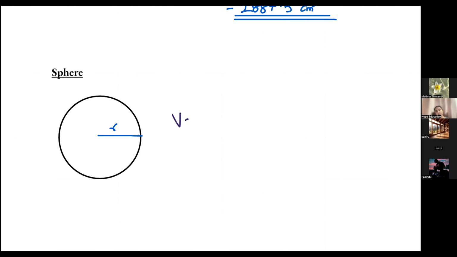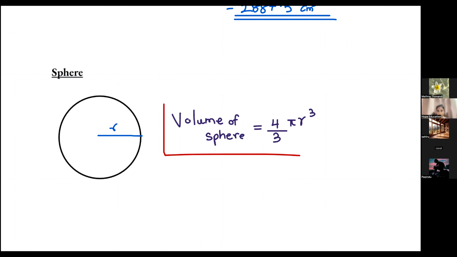Volume of a sphere equals 4/3 pi r cube. 4/3 pi r cube is the formula for finding the volume of a sphere. 4 divided by 3 multiplied by pi multiplied by r cube. Okay, r times r times r.